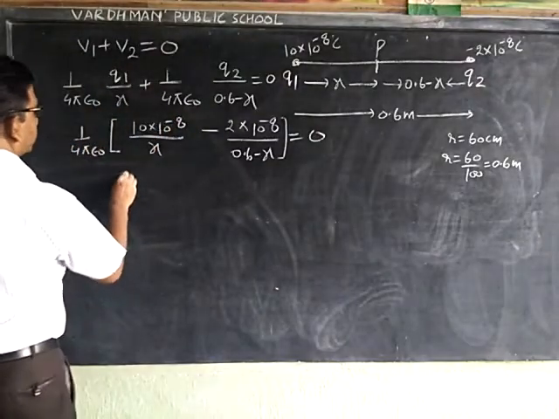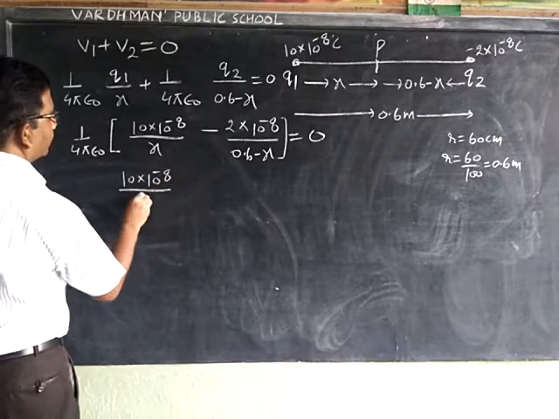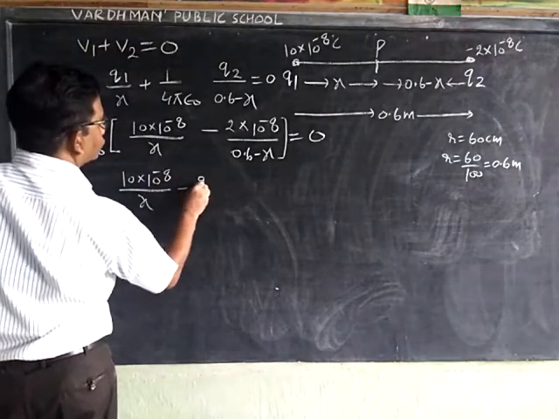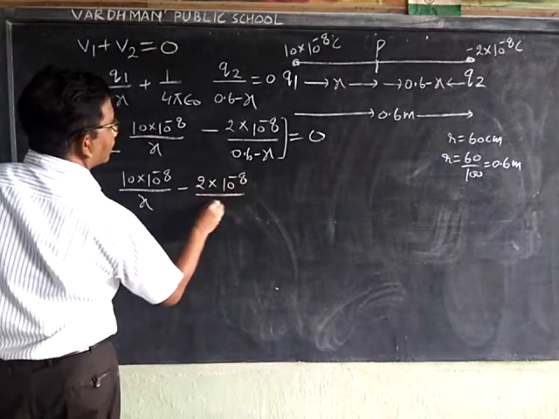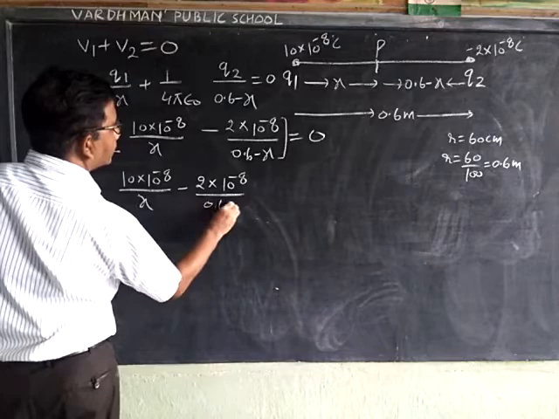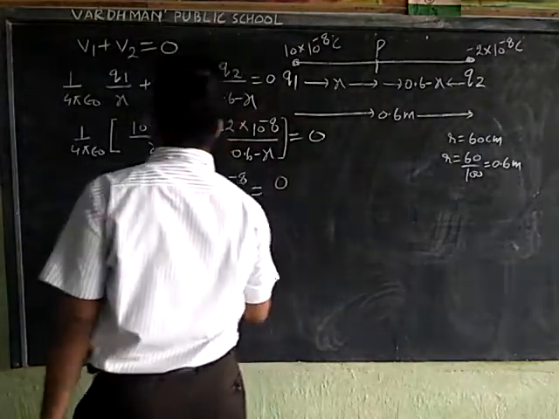That is 10 into 10 power minus 8 upon x minus 2 into 10 power minus 8 upon 0.6 minus x is equal to 0.